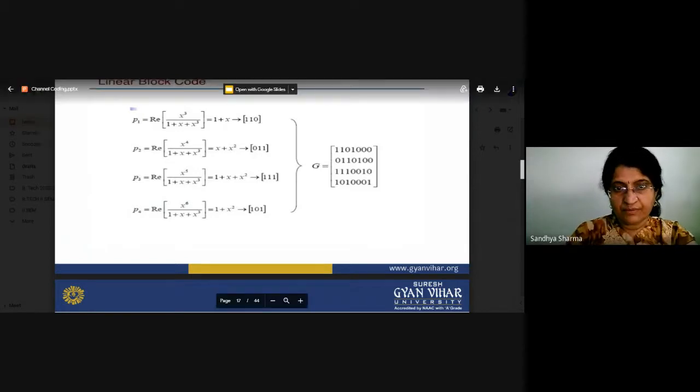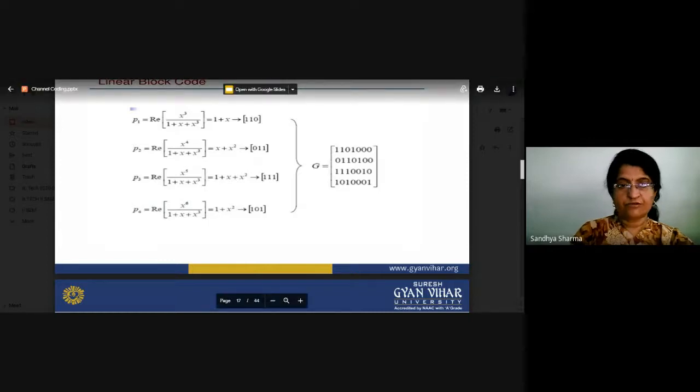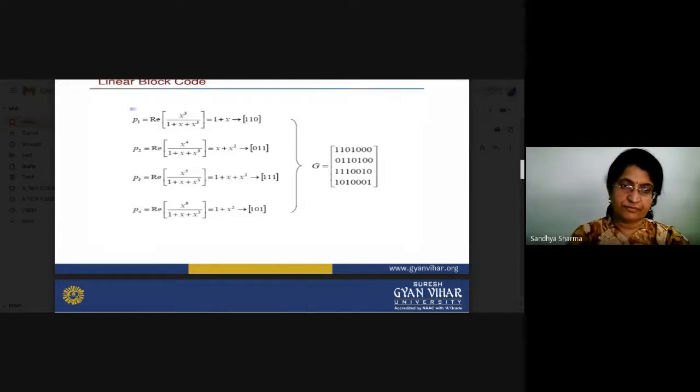So whatever remainder we are achieving, after that we can calculate the different bit combinations, and these will be written in the place of P1, P2, P3 and P4. So this is the method by which we can calculate the values.